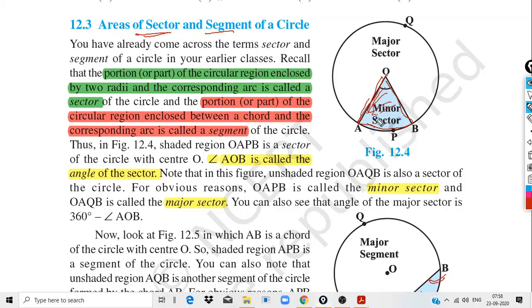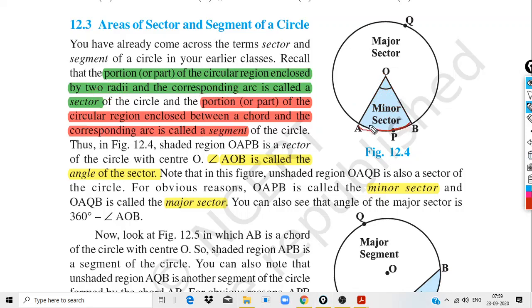So this shaded portion is a sector of this circle. So what is a sector? Sector is a portion of this circle enclosed by two radii. You can see OA and OB are two radii. So it's a portion of this circle enclosed by two radii and the corresponding arc. You have the arc APB.